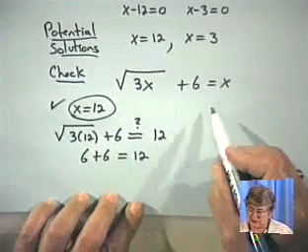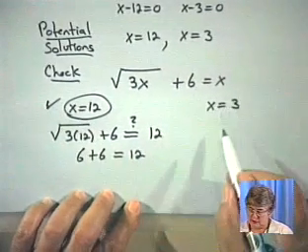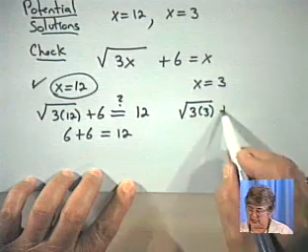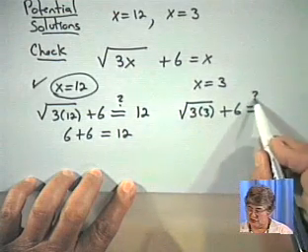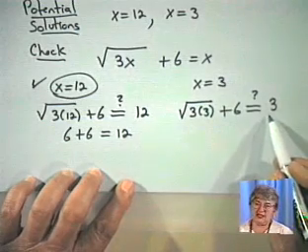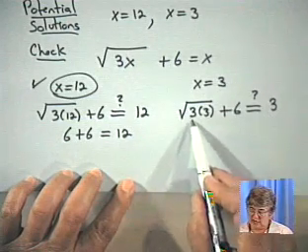Let's check x equals 3. When we substitute into the square root of 3 times 3 plus 6, is this going to be equal to x? And x, we're saying, is 3. Well, here we have the square root of 9.